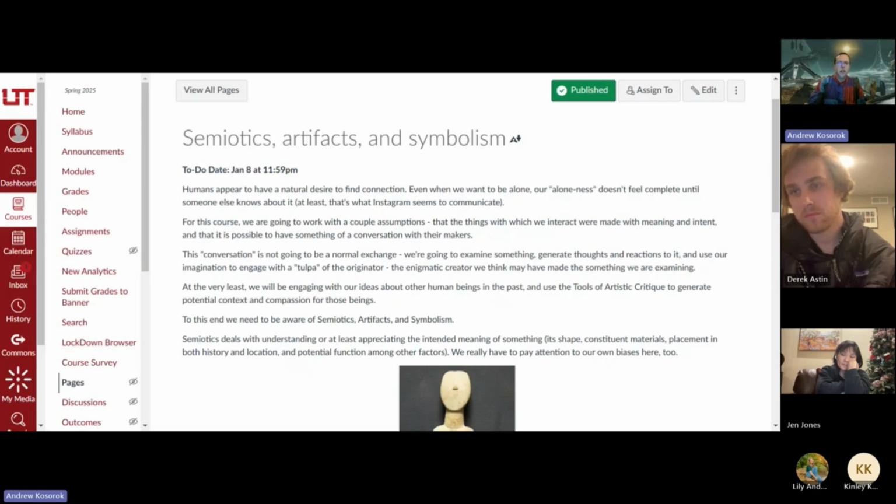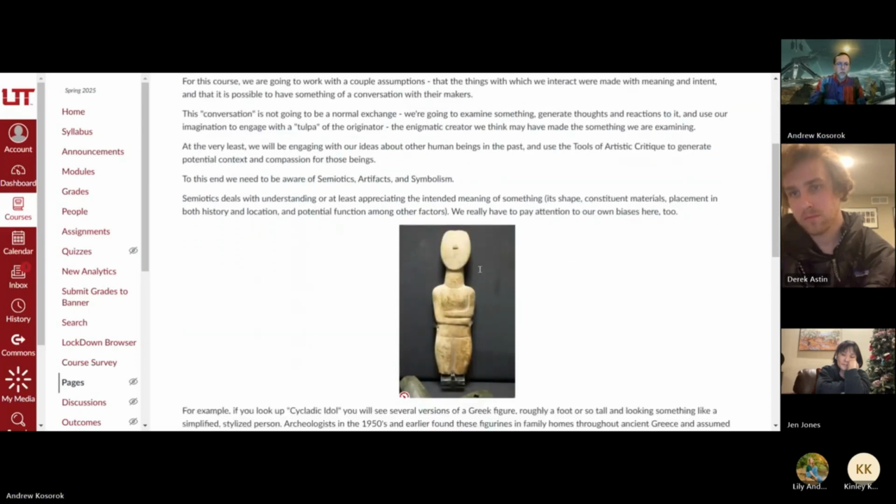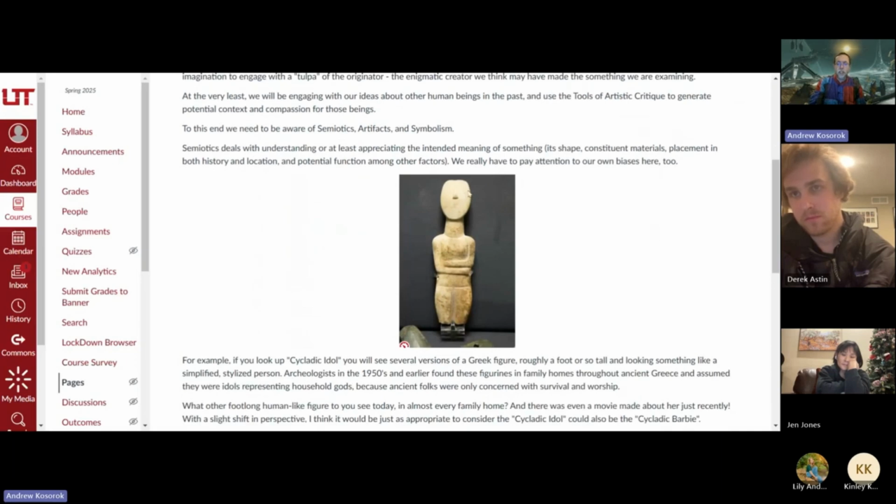And the example that I'm using here is about when these objects were first discovered in the Cyclades in Greece. They were called idols because I am going to be critiquing archaeologists in the 1950s.